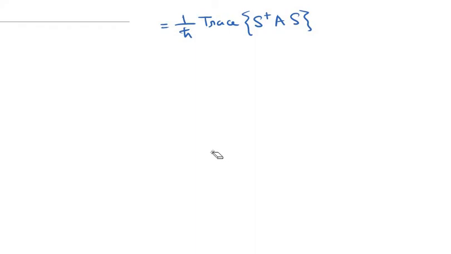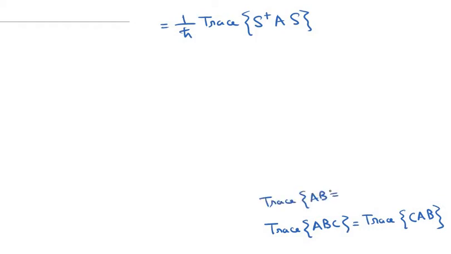Now we have this property, which comes from linear algebra and is taught in the first year of engineering, that trace of ABC is equal to trace of CAB. Or let us say trace of AB is equal to trace of BA.